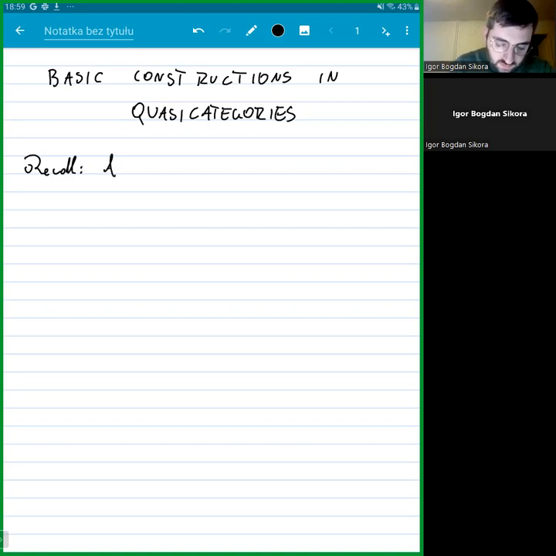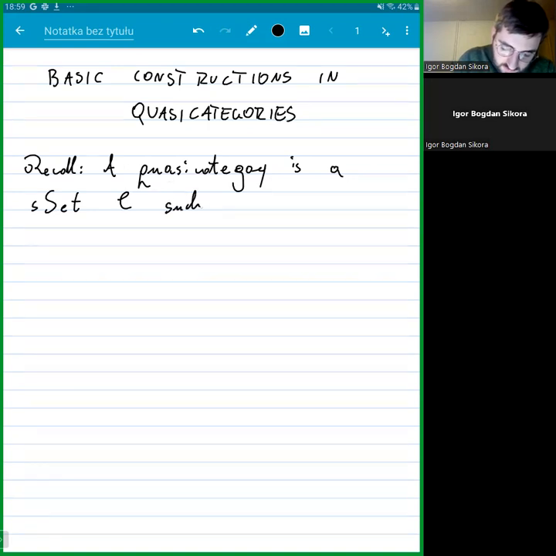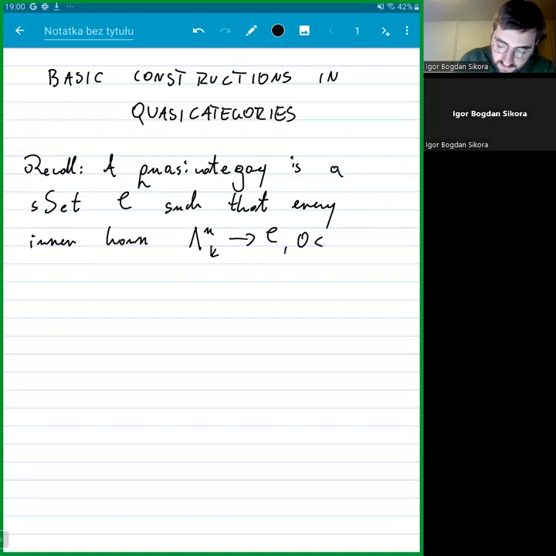So firstly, what is a quasi-category? A quasi-category is a simplicial set C such that every inner horn, where inner means that the horn is between 0 and n, can be extended to the full simplex.